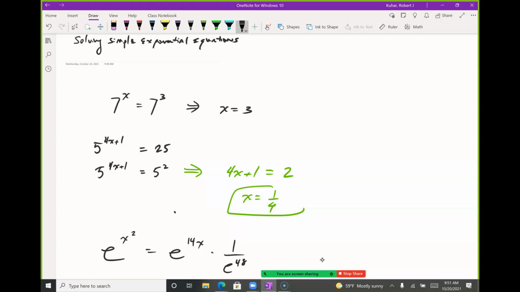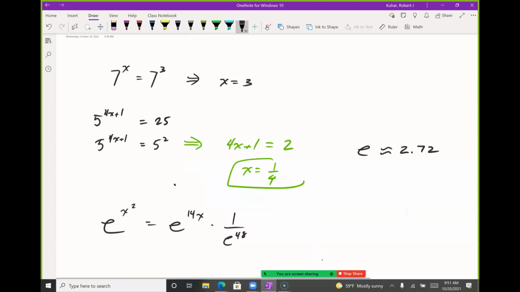We'll talk about it in a little more detail today, I think. But remember, e is just a number. It's about 2.72. It's as famous as pi, pi being related to circles in geometry, e being related to finance.